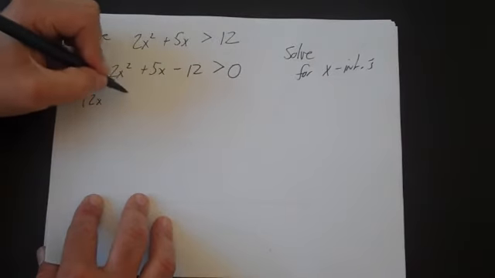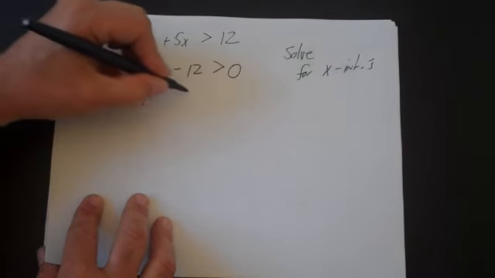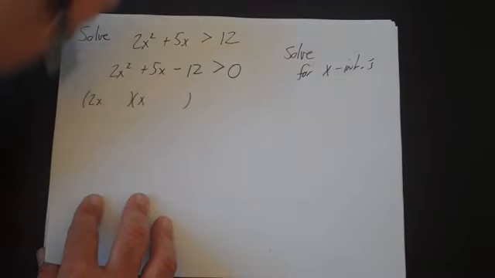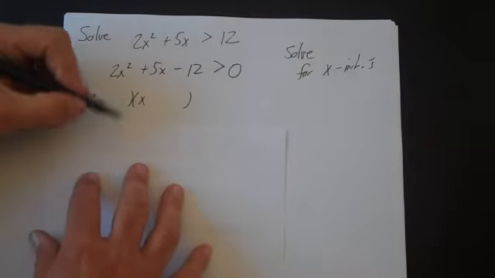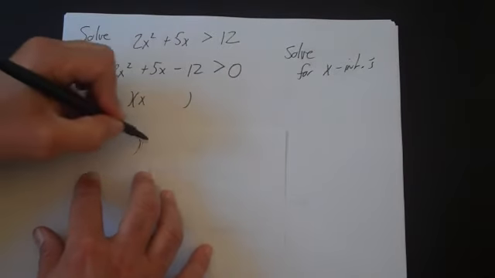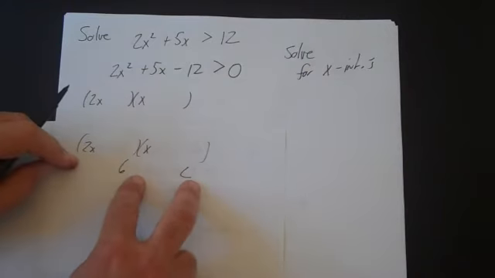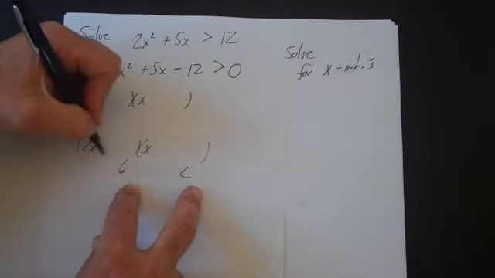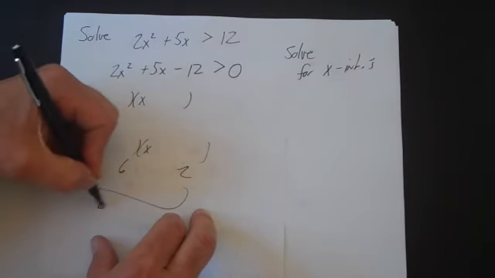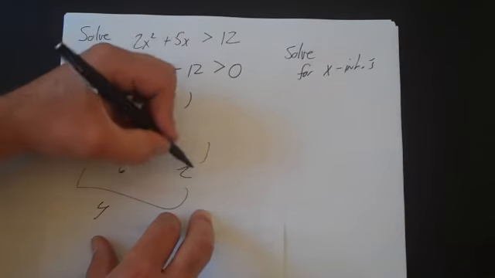I think this is going to be 2x and x. There's going to be a plus and a minus. I probably could just kind of figure this out. 2x and x. 6 and 2? That's going to be, let's do 2, that's 4 and 6. That doesn't work. Let's try a 6 there.